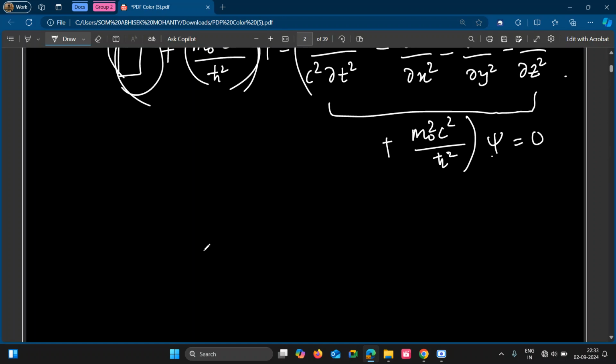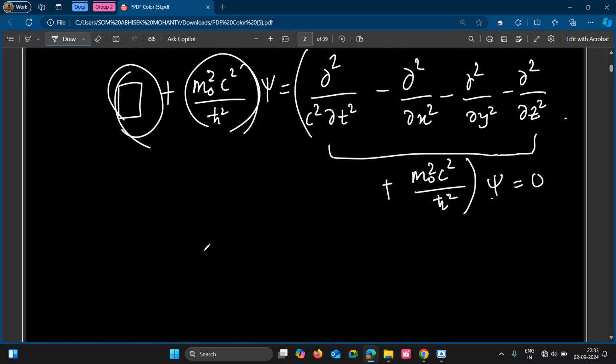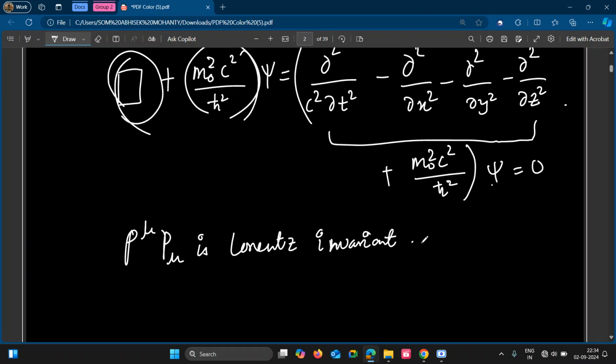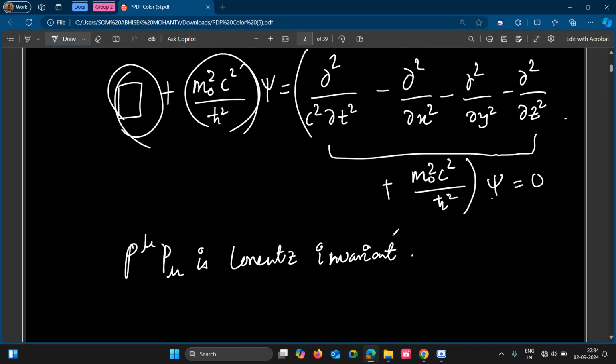So we can immediately verify the Lorentz covariance of the Klein-Gordon equation, and from that we will realize that p mu is actually Lorentz invariant. If I try to solve this equation, what will I get for psi?